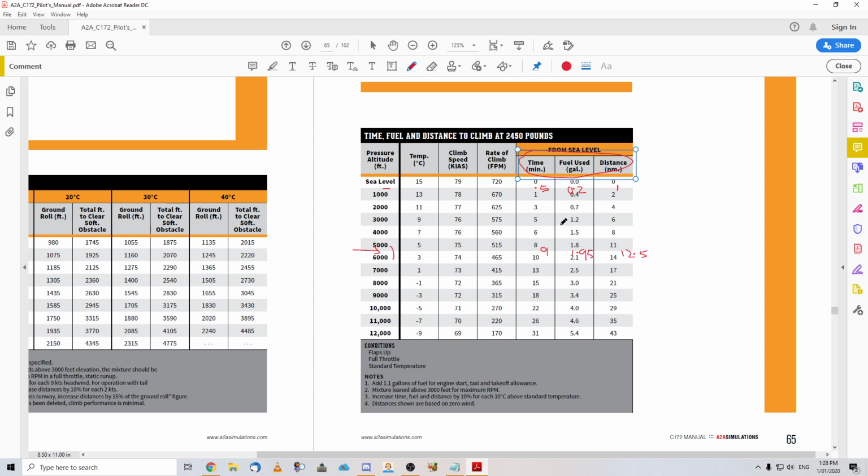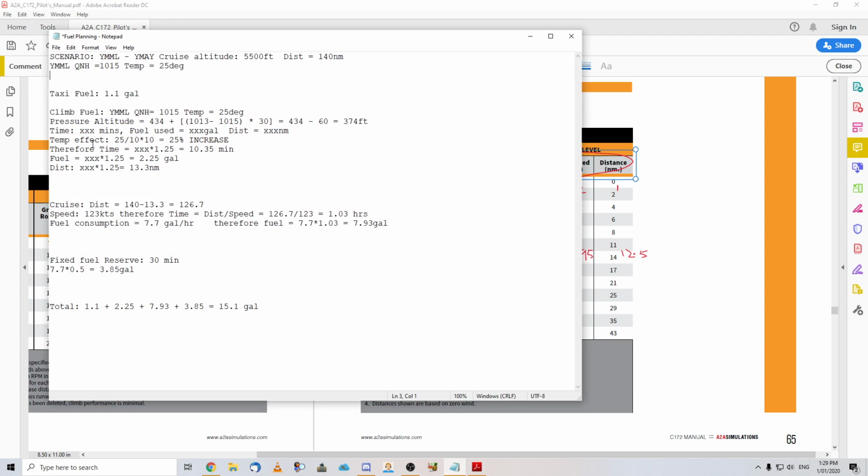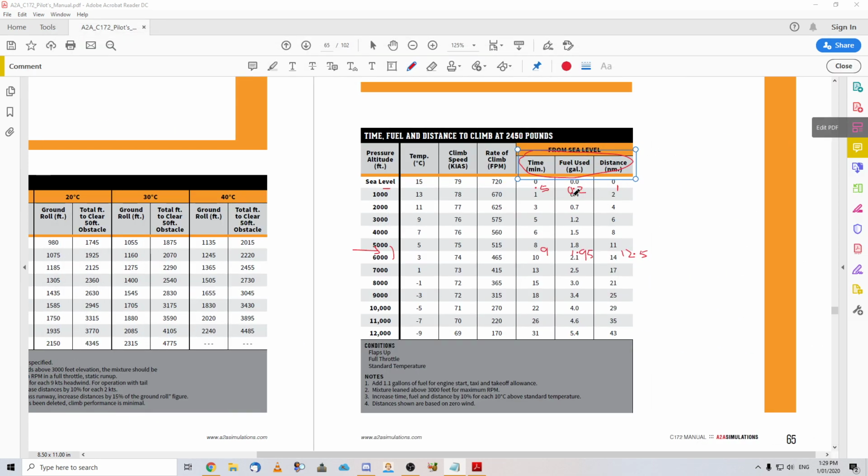So for the climb phase, subtracting half a minute from 9 minutes is going to be 8.5 minutes. If we go back here, we can put 8.5 minutes there. I'll just move this off to the side.